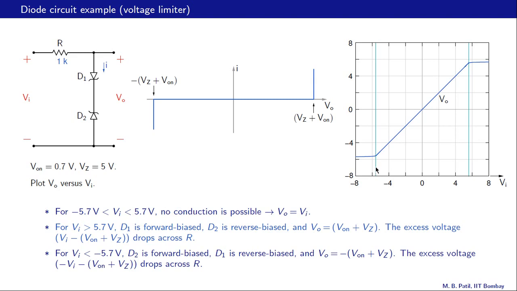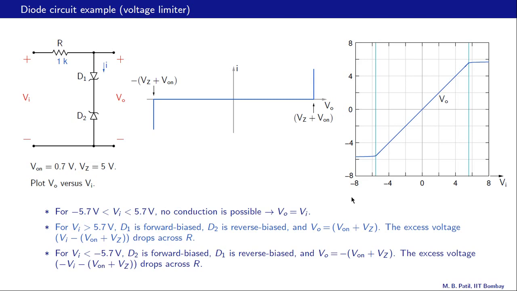So we observe that as long as Vi is in this range, that is from minus 5.7 volts to plus 5.7 volts, Vo is equal to Vi. But if Vi exceeds 5.7 volts, then Vo gets limited to 5.7 volts. And similarly, if Vi becomes less than minus 5.7 volts, Vo gets limited to minus 5.7 volts.